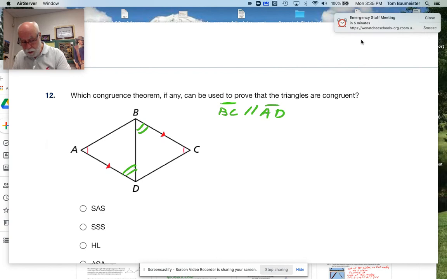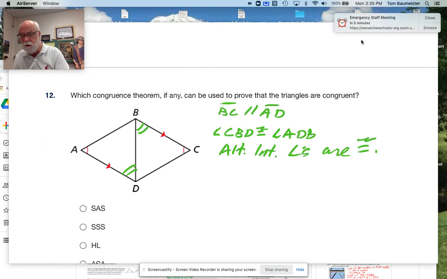So we can say then the angle CBD is congruent to angle ADB by alternate interior angles. So we know that BD is congruent to BD, again by the reflexive property.